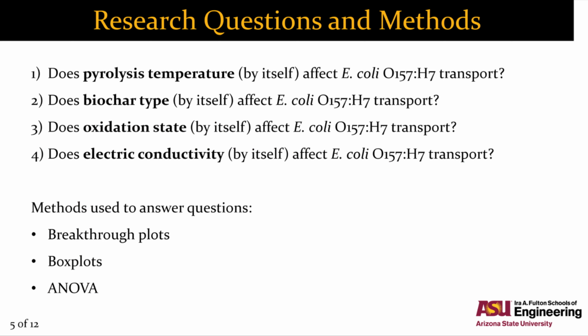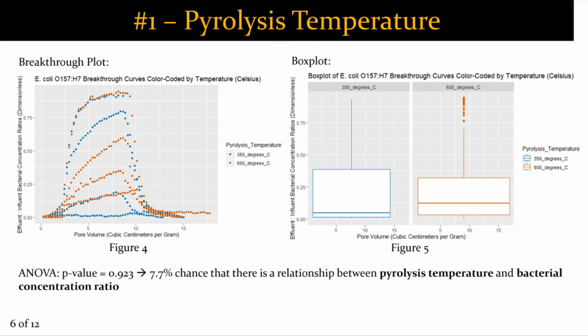The research questions for this dataset are whether each of these 4 variables by themselves affect E. coli transport. To answer these questions, breakthrough curve plots and box plots were used to see the differences between each of the variables' values, and ANOVA tests were performed. For pyrolysis temperature, the plots show that there is a difference between having the biochar heated at 350 degrees Celsius versus 600, since the median for 350 degrees is lower than for 600 degrees on the box plot.